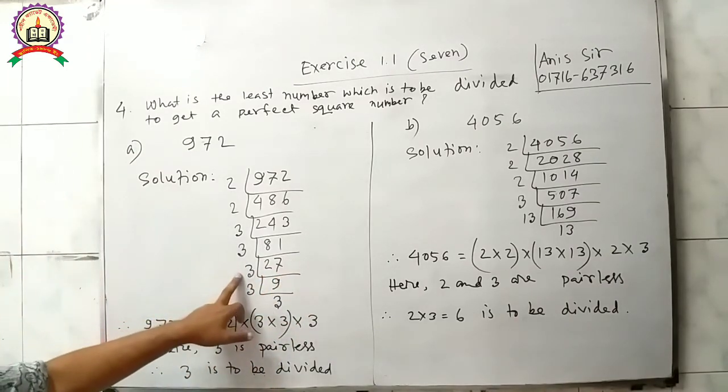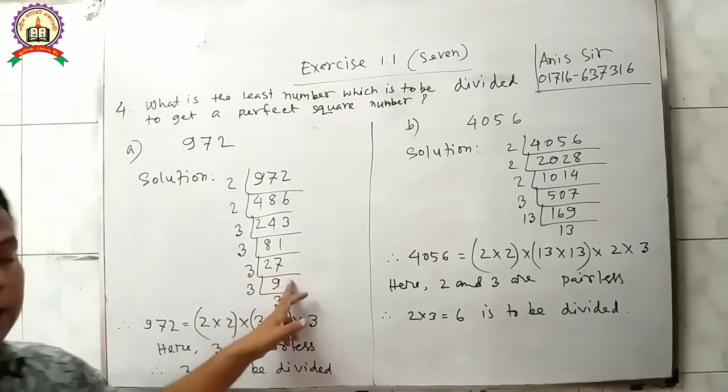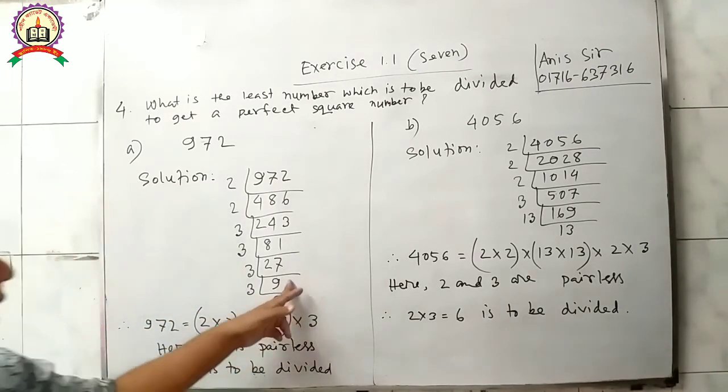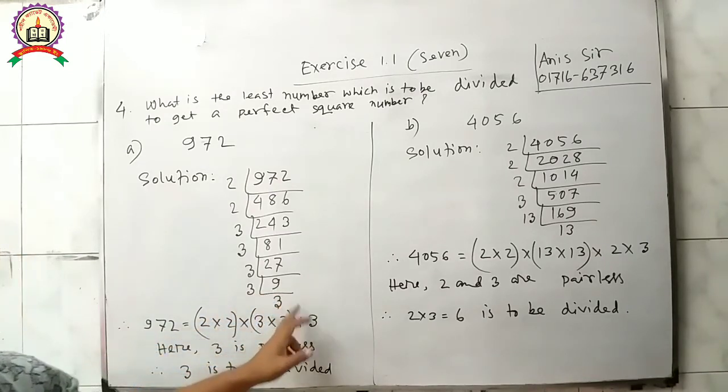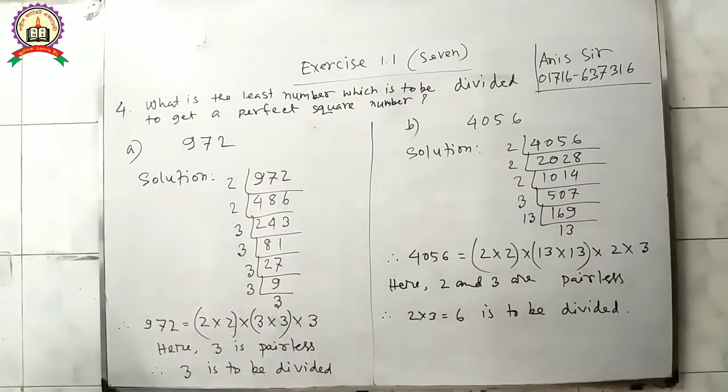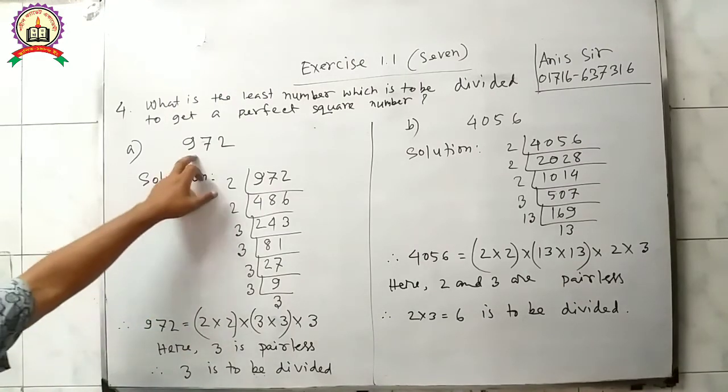Again by 3 we get 9, and again by 3 we get 3. These are the prime factors of 972.